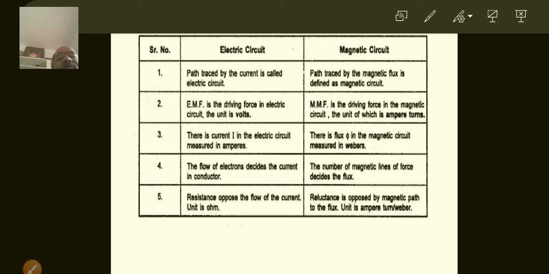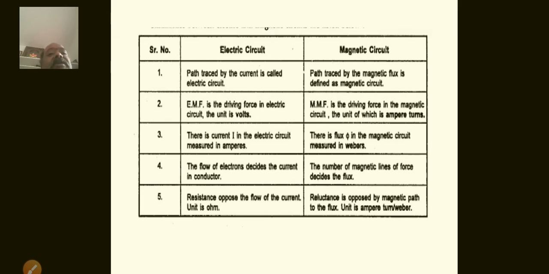The resistance opposes the flow of current, and the unit is ohm. But here reluctance is the opposition offered by the magnetic path to the flux, and the unit is ampere turns per Weber. So this is about the differences between electric and magnetic circuits.